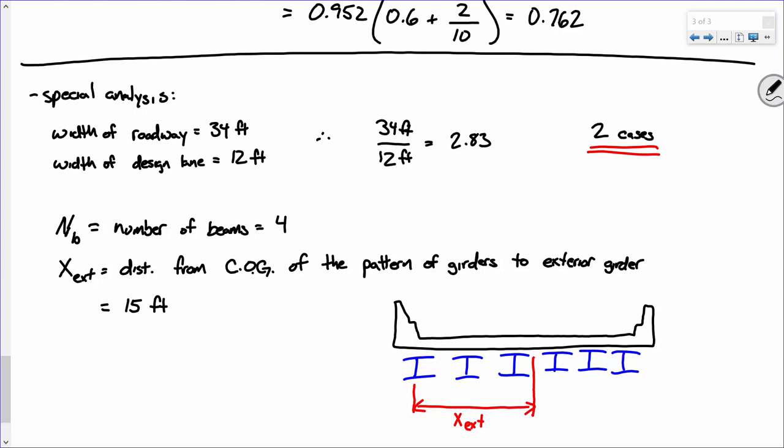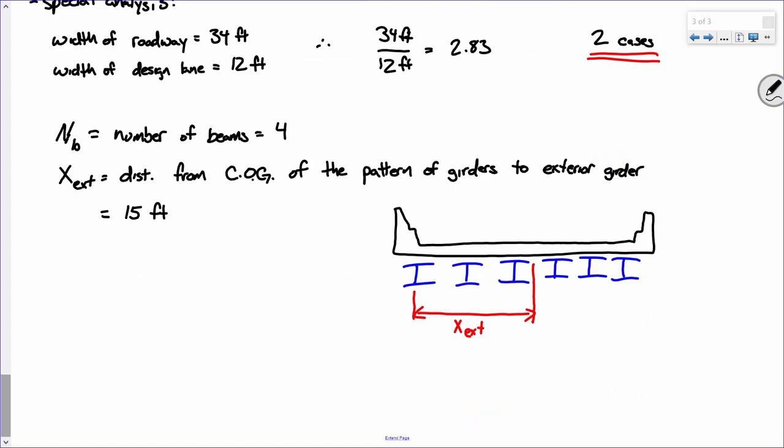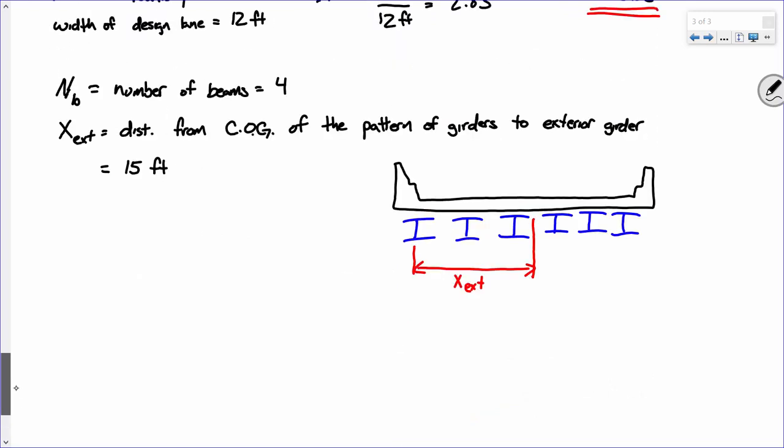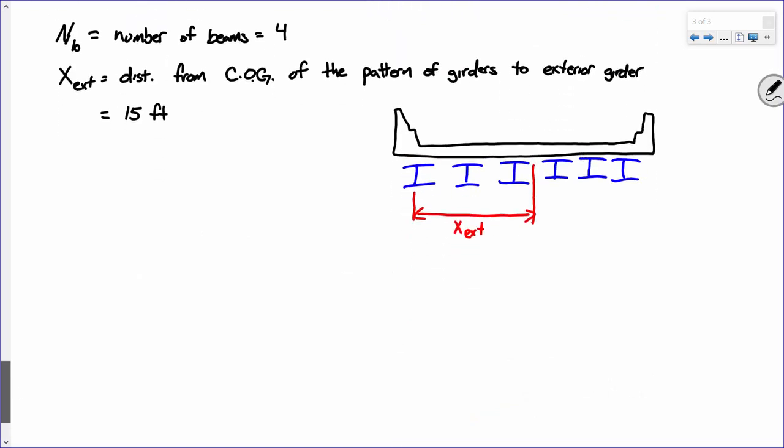Okay. Now, this next part I'm going to call the x distances. The closest analogy I can think of is we're going to find an effective moment of inertia of all of the girders.